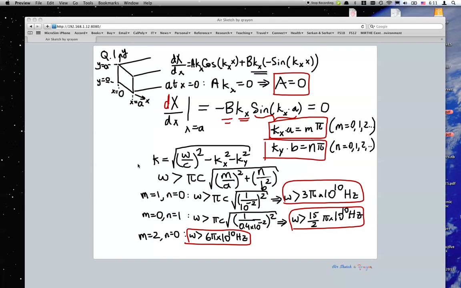So conclusion: I should have 3 pi times 10 to the 10 hertz smaller than my frequency omega, smaller than 6 pi times 10 to the 10 hertz. Okay, that's the final result. Thank you.